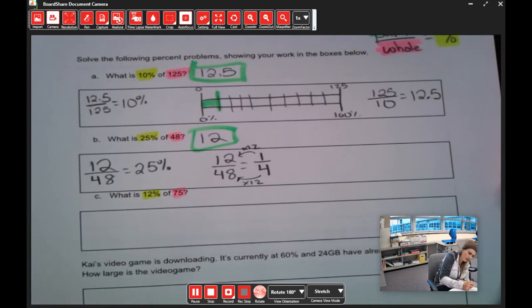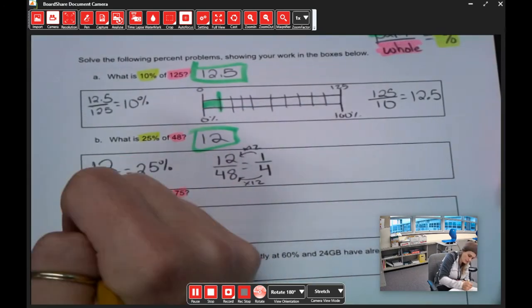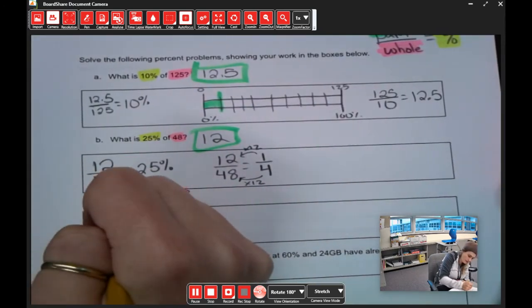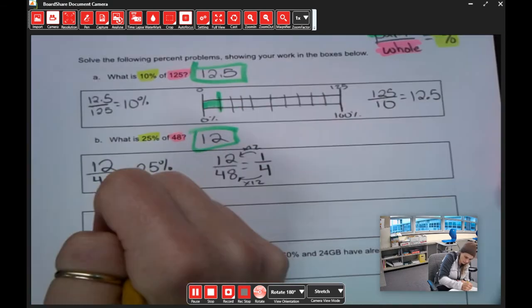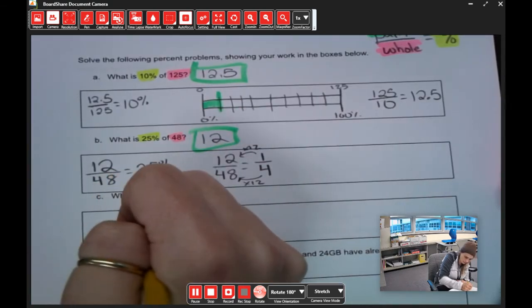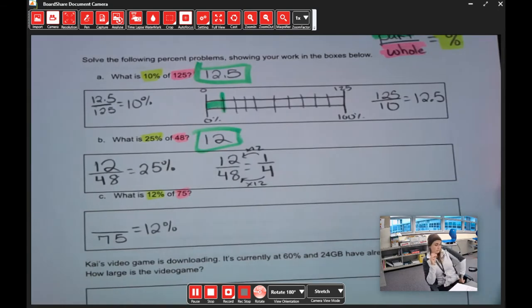Now the next one is 12% of 75. That one's kind of gross. I'm going to solve this 2 ways.